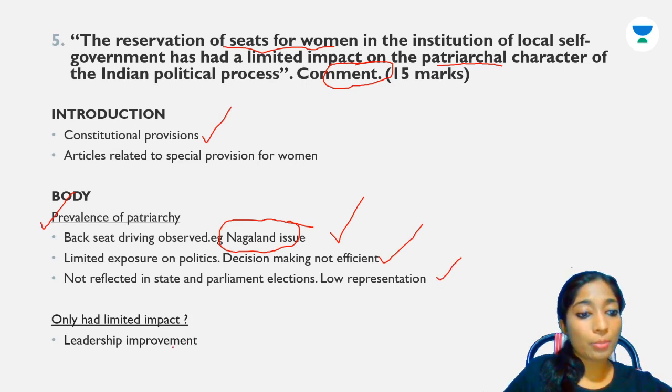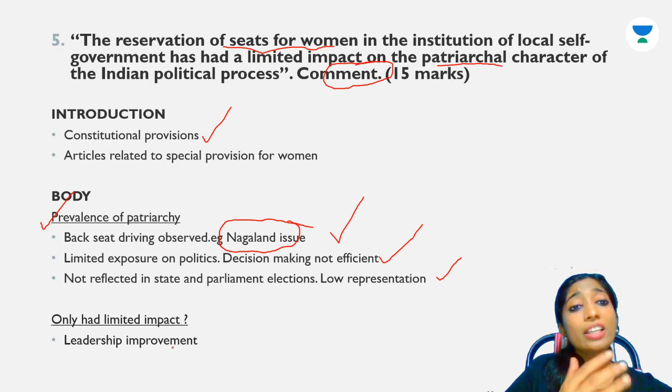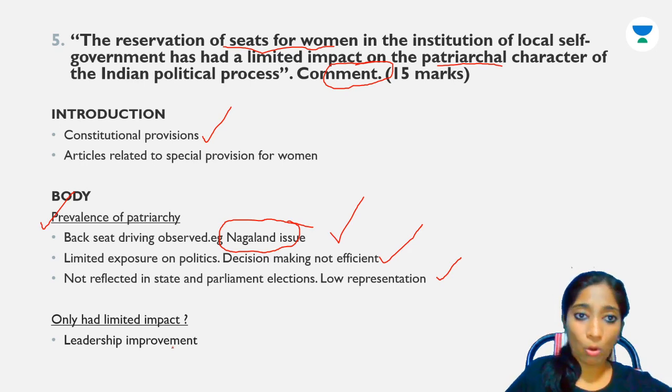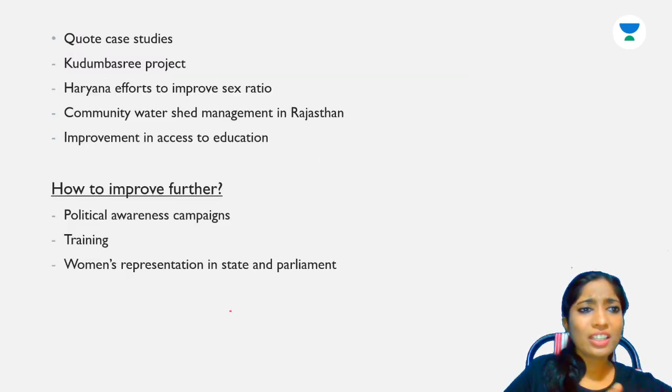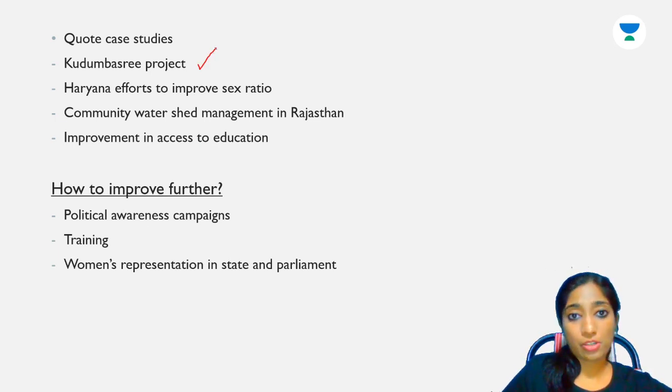Then you can talk about whether it is having limited impact or is there any improvement being observed. In that part you can talk about the leadership improvement. Then you can talk about various case studies like how the Kudumbashree project in Kerala is gaining significance. It's mainly because of the women reservation in local self-government, and that has really triggered this Kudumbashree project.